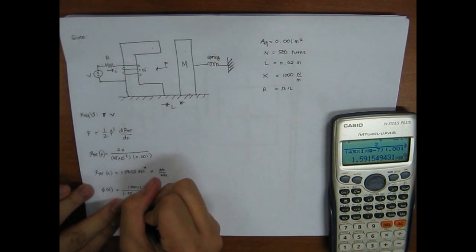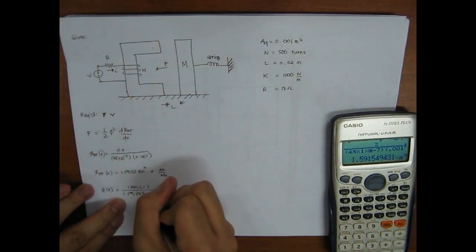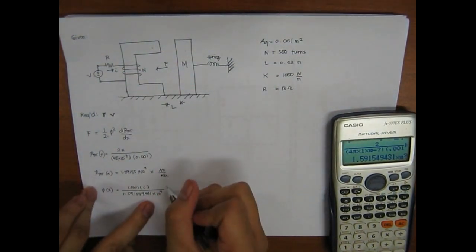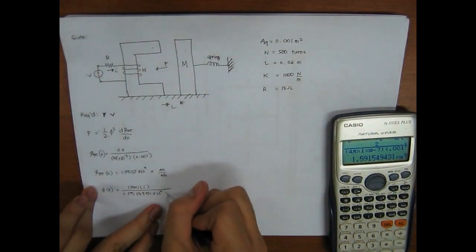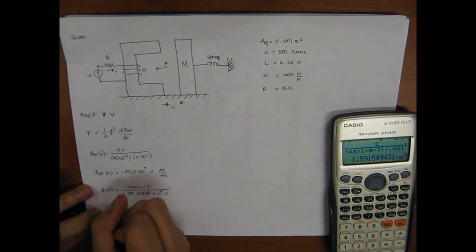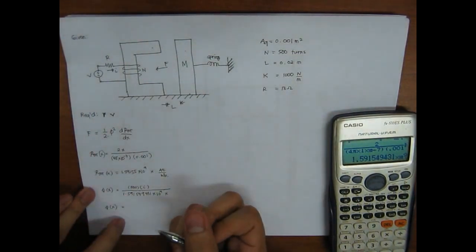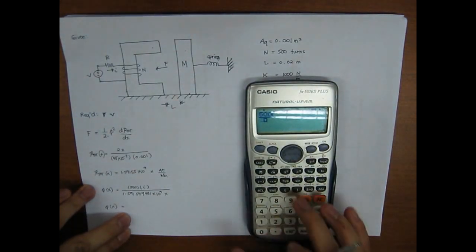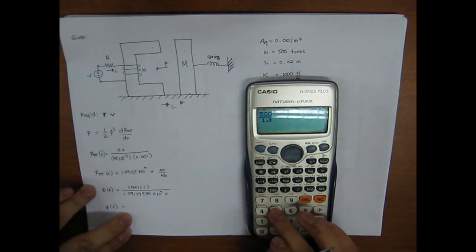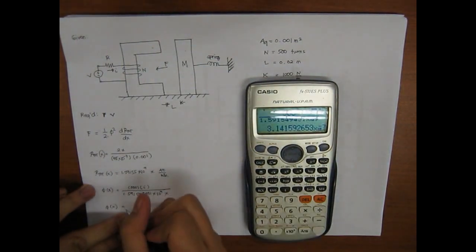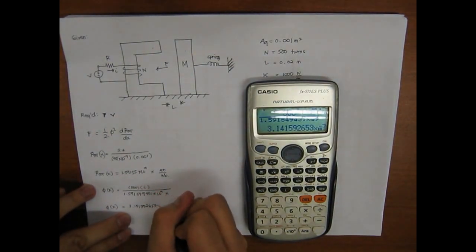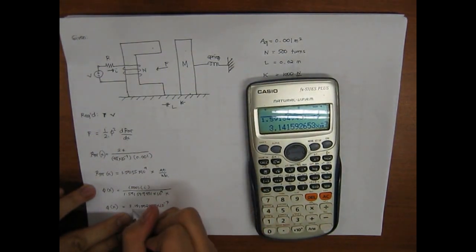All over 1.591549431 times 10 to the 9th x, and our flux now as a function of x would equal 500 all over 1.591549431 E9, so this is 3.141592653 times 10 to the negative 7 all over x.